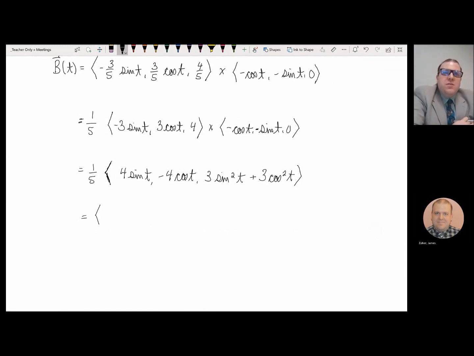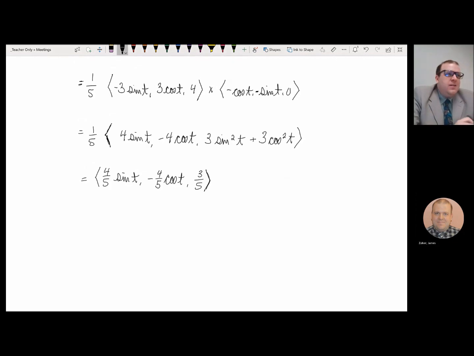And I'm just going to distribute that 1/5 back through. That, of course, is just 3. That would be the binormal vector at any point t.